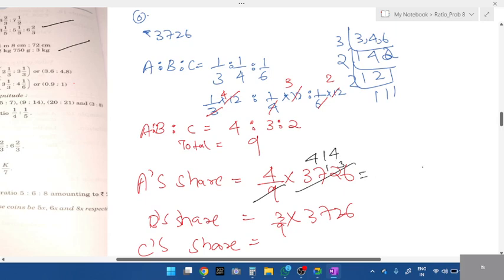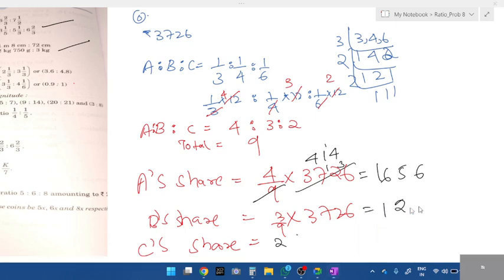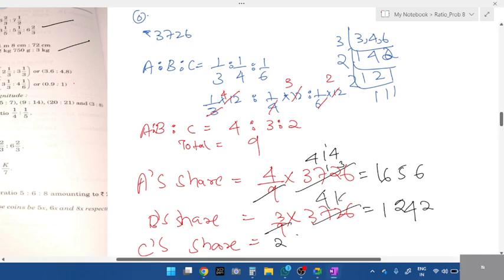How much is 4 into 414? 1656. B share, 1242. See, if you reduce 9, you still get the same value. 2 by 9. Again, what's the value? 828. This is the answer.